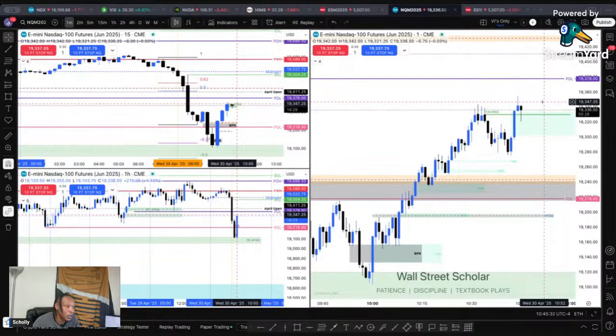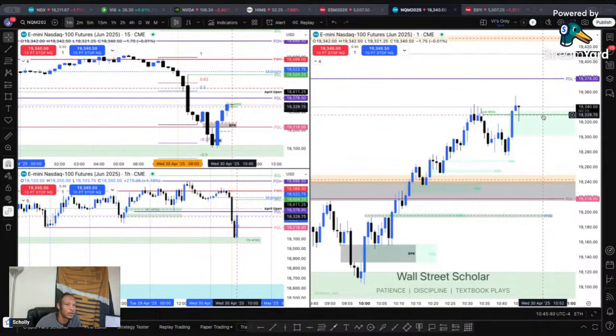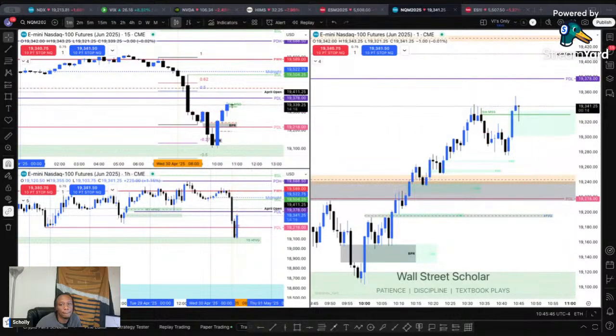Yeah, me and Marley. Like I said, it's pushing back up to that level. The monthly open. Yeah, I see it. I'm looking at the shift right here. 3:30 would have been the entry. Yeah, because on the 15 minute, I said close above the candle. All we did was retrace back into that candle.